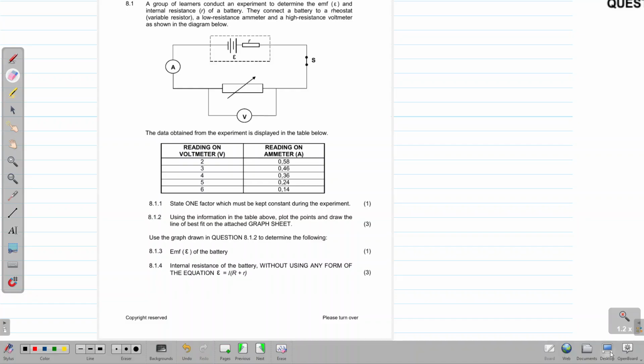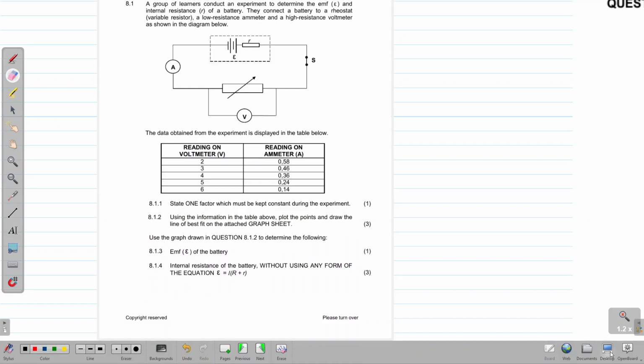8.1.1, state one factor which must be kept constant during the experiment. 8.1.2, use the information in the table to plot the points and draw the line of best fit on the attached graph sheet.